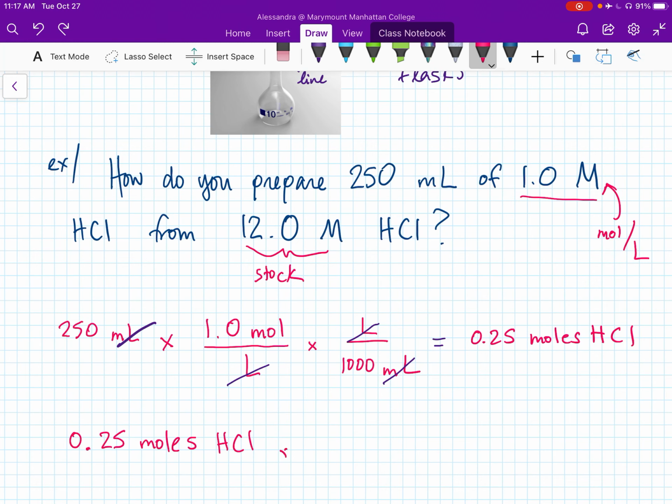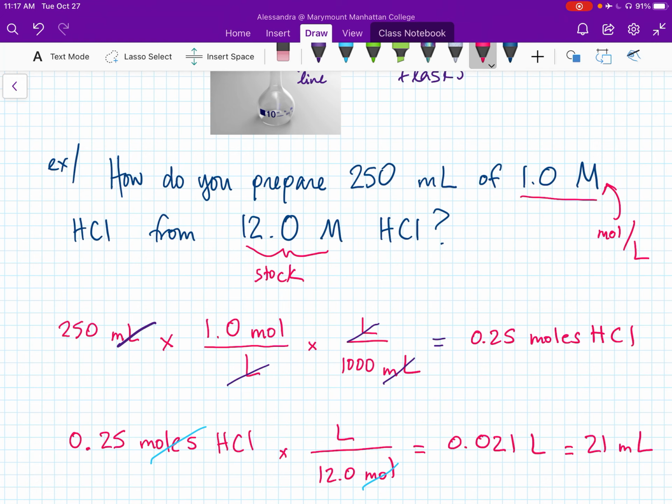So that 12 molar stock solution, I can take the reciprocal of it, and that will enable me to cancel out the moles of HCl so I can figure out the volume of the stock solution that I need, 0.021 liters. I can convert that to milliliters if you want, 21 milliliters.